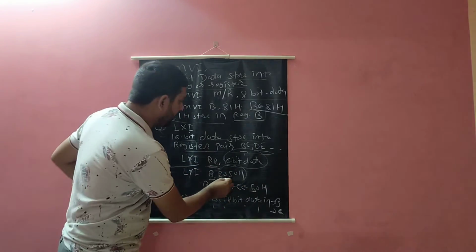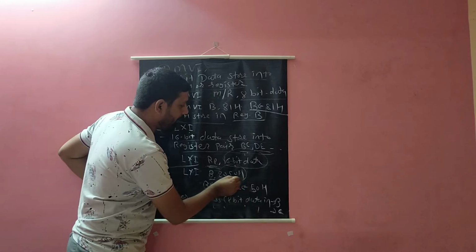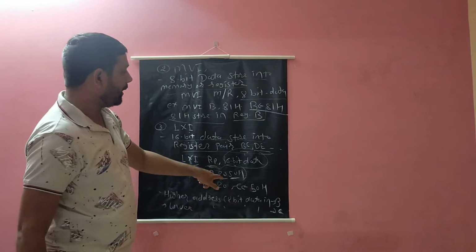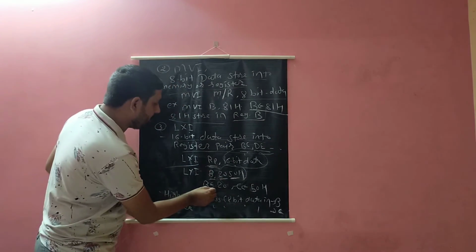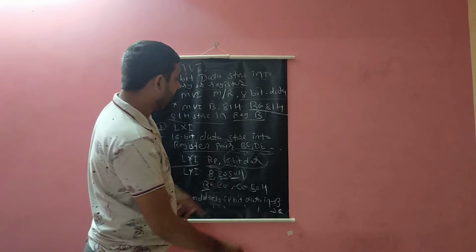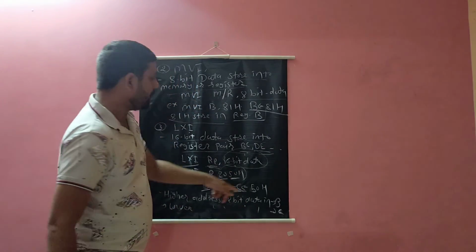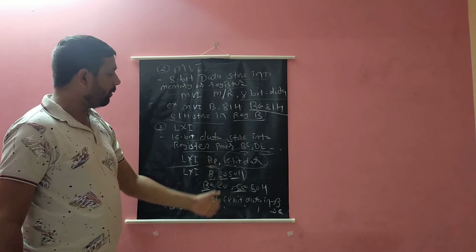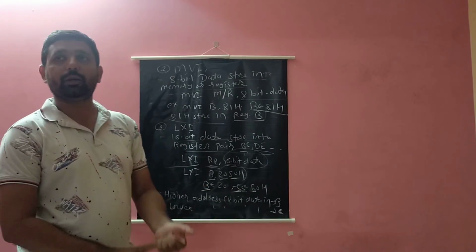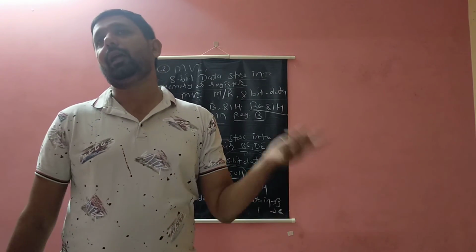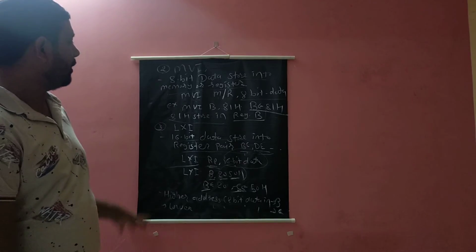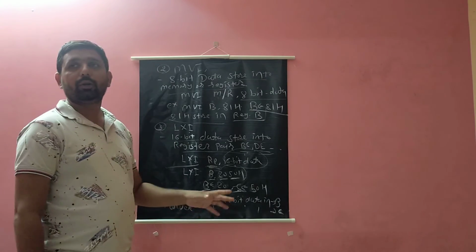So 20 is the higher 8 bits and 50 is the lower 8 bits. 20, the higher part, is stored into register B and 50, the lower part, is stored into register C. One part is stored in one register and the other part in the other register of the pair.